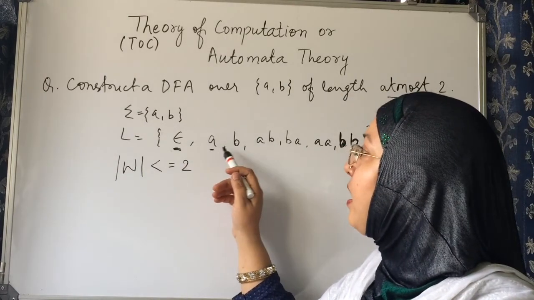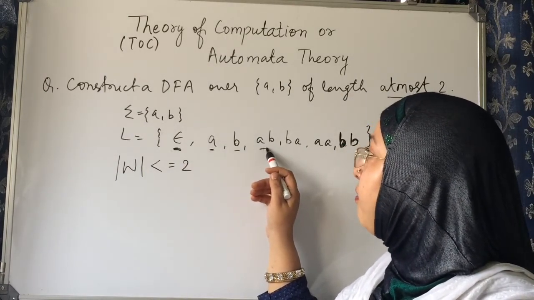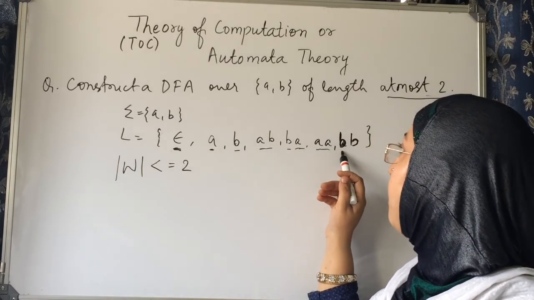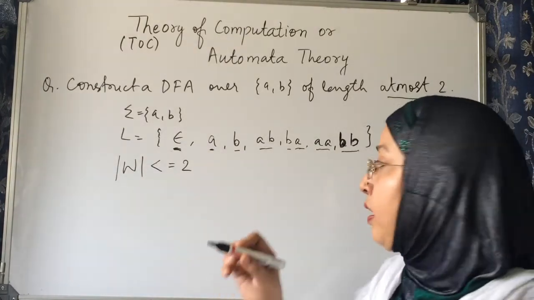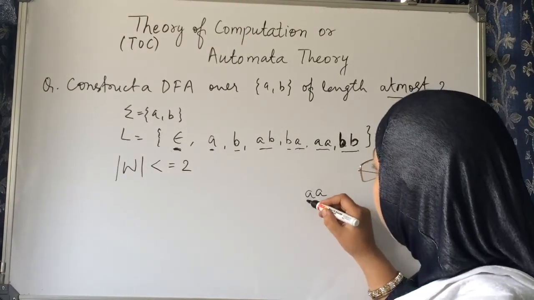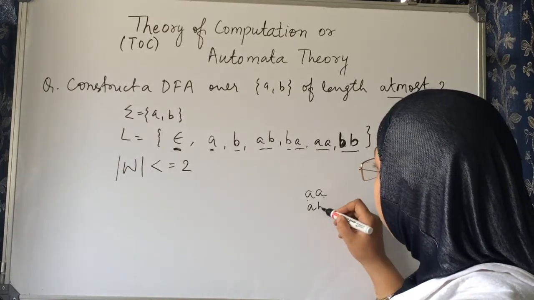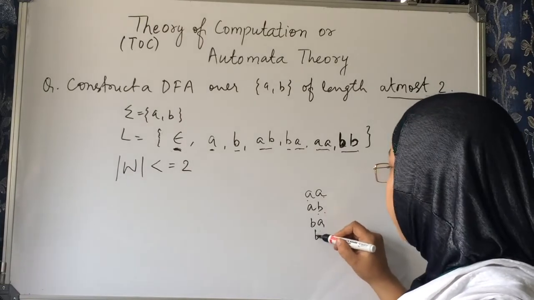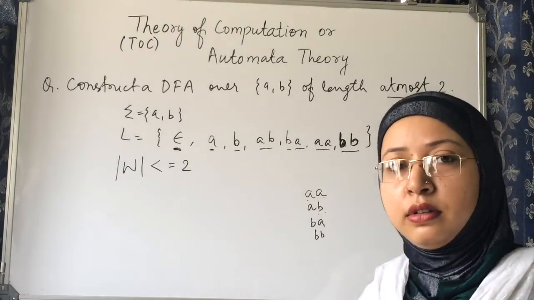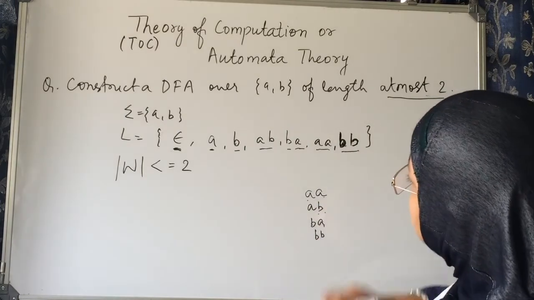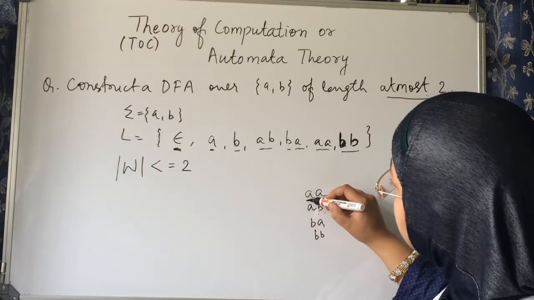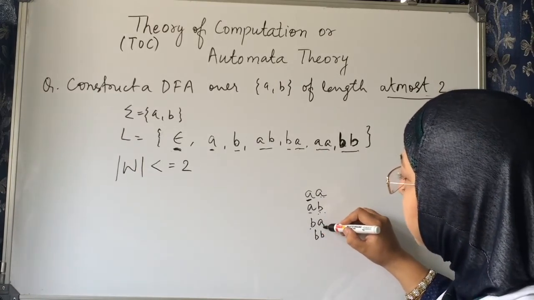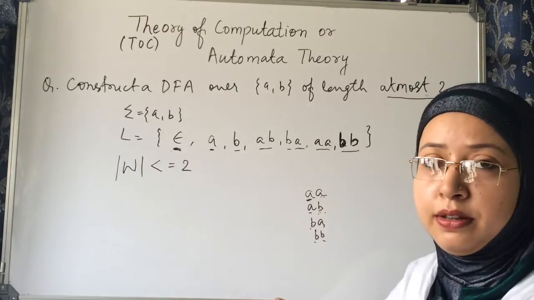And 1 A or 1 B, or A followed by B, B followed by A, A followed by A, B followed by B. AA means A followed by A. AB means A followed by B. BA means B followed by A. BB means B followed by B. So this says its first symbol is A, second symbol is A. First symbol is A, second symbol is B. First symbol is B, second symbol is A. First symbol is B, second symbol is B.